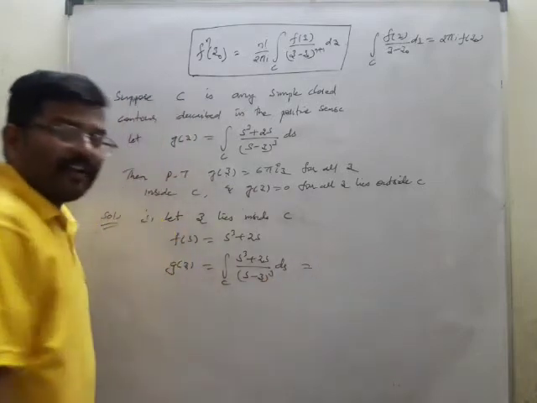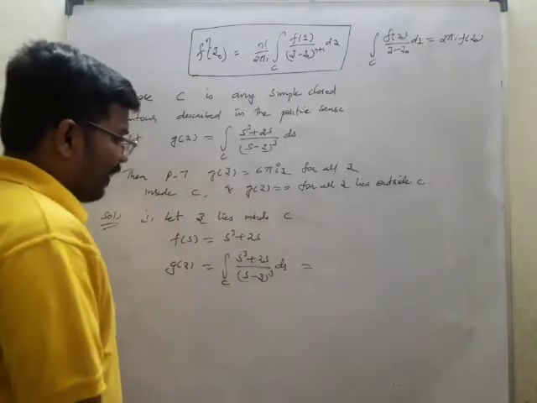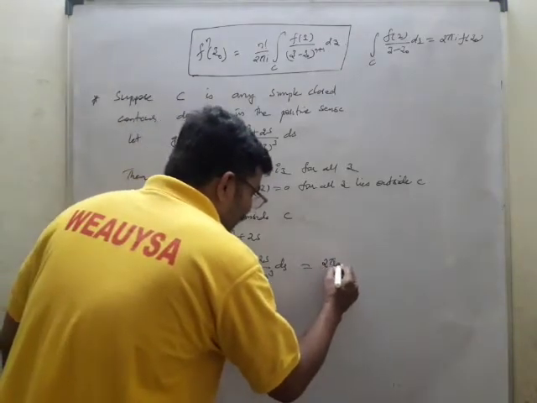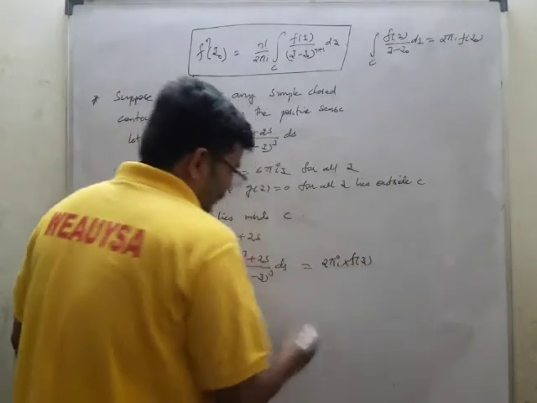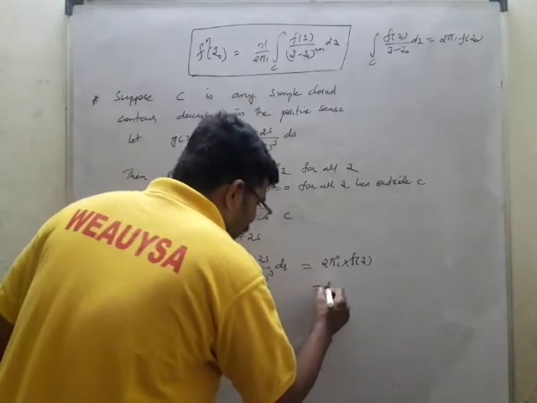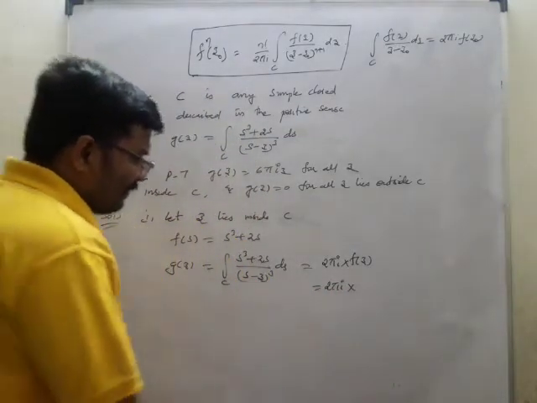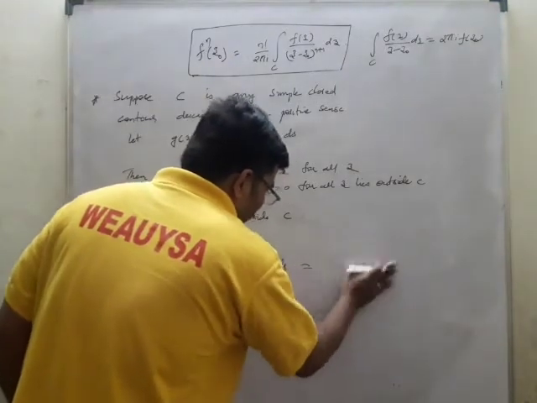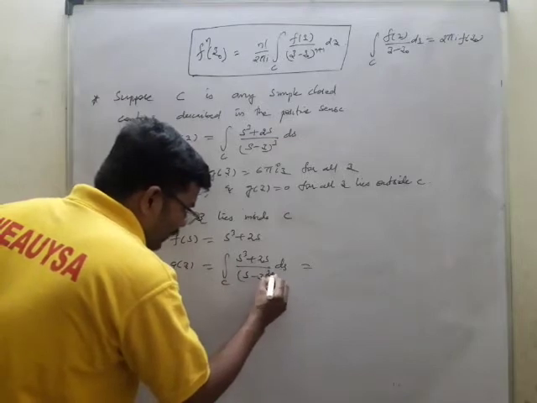Because z lies inside, according to Cauchy's integral formula, the result is 2 pi i into f of z. But here the power is cube, so I may write this as 2 plus 1.